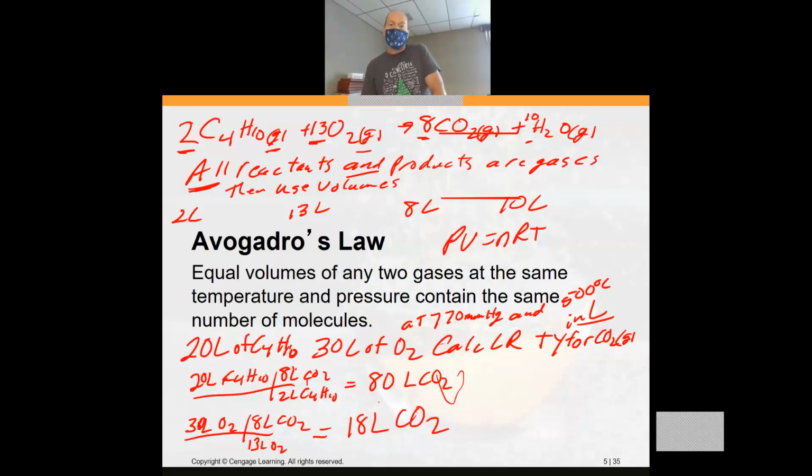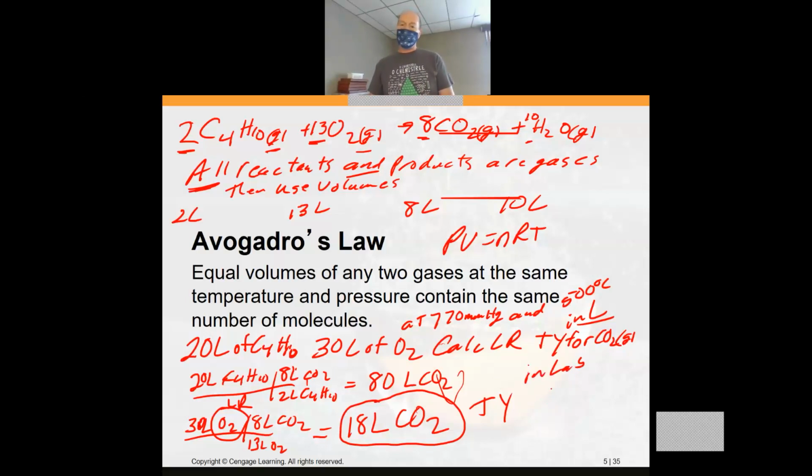And then just like we did for the last test, the smaller amount is your theoretical yield, and this oxygen is your limiting reagent. The smaller amount comes from your limiting reagent. Then they could also say in lab, I don't know, 15 liters of CO2 was produced.